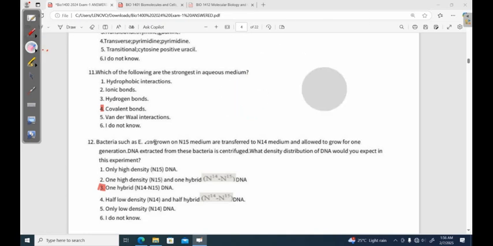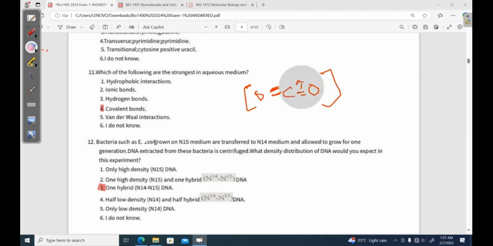So if this is carbon, right here where these lines are, they're sharing electrons. This doesn't easily break off in water because they are sharing, unlike an ionic bond where one is gaining and one is losing electrons. They can easily dissociate when they're in an aqueous solution, but in a covalent bond, because they are sharing electrons, they need each other to survive, so they can't easily disintegrate. That's why they are the strongest in the aqueous solution.